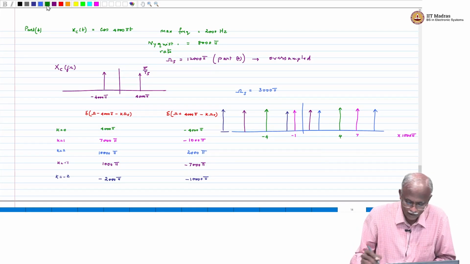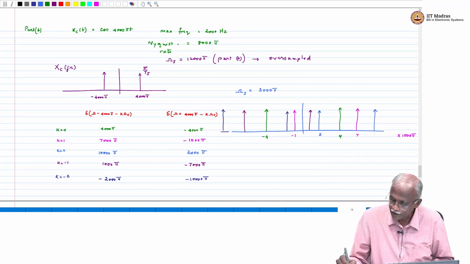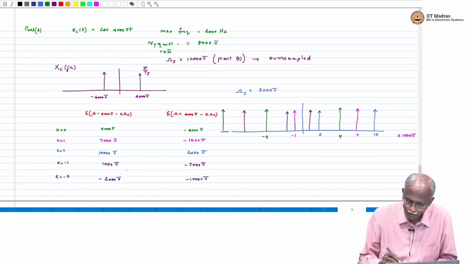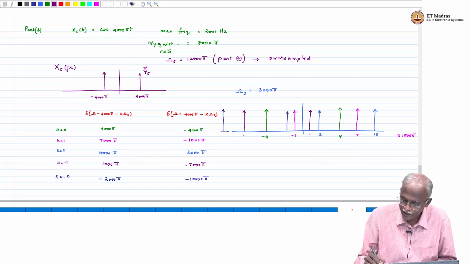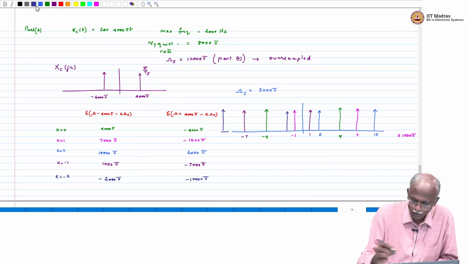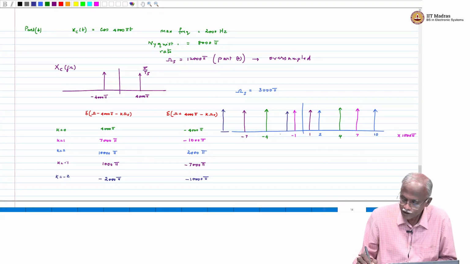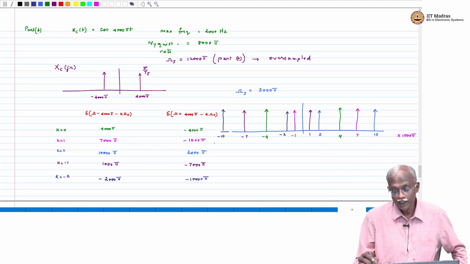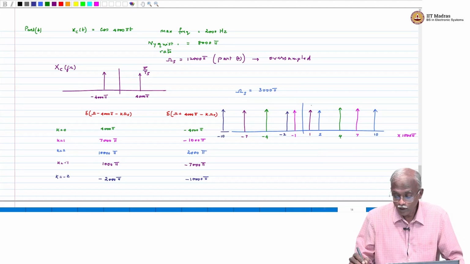Blue is 2 and 10, and the purple is 1 and minus 7, and the dark blue is minus 2 and minus 10. Now, the height of all these, all of them are at pi over Ts.